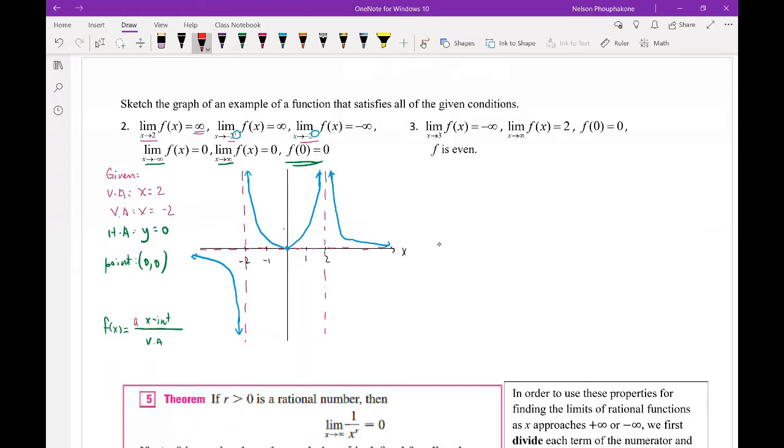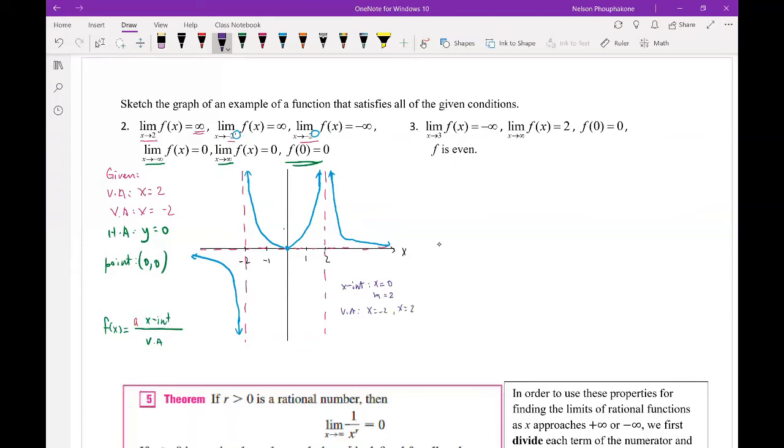So to work on this problem right here, we know that for the x-intercept, we have x equal to 0 because it just touches the x-axis. So therefore, in this case, the multiplicity is equal to 2. Multiplicity meaning the power of the factor here. And we also have the vertical asymptotes x equal to -2 and x equal to 2.